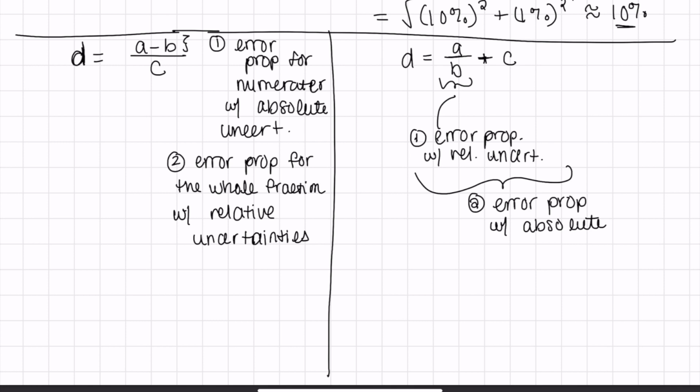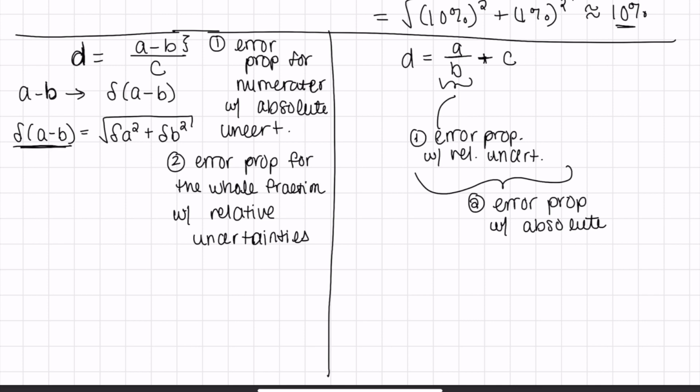So now using variables, I'll just go through the steps. For A minus B on the right side, the uncertainty in A minus B will be the uncertainty in A squared plus the uncertainty in B squared, all under the square root. Then we have to convert that absolute uncertainty into a relative uncertainty.